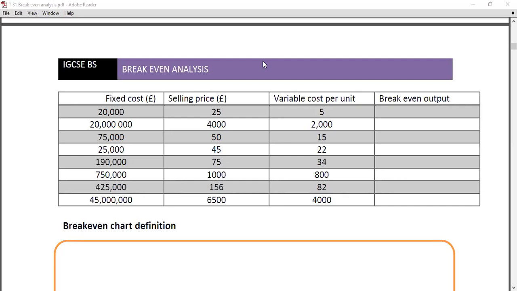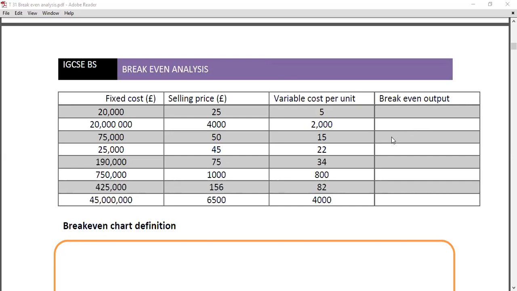We can say 2143 is the answer. The correct answer was actually given by one student, Ammar. So he got the answer 2143, correct. But another student gave the answer in decimal points. That's why I purposely gave a question whose answer comes out as a decimal. If you get a decimal answer, always round off to the nearest whole number. The answer here is 2143 items.